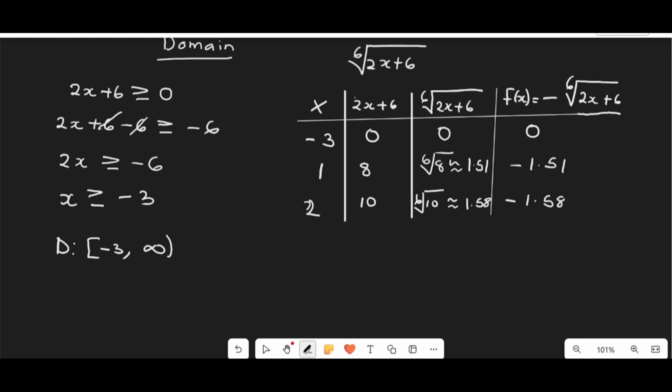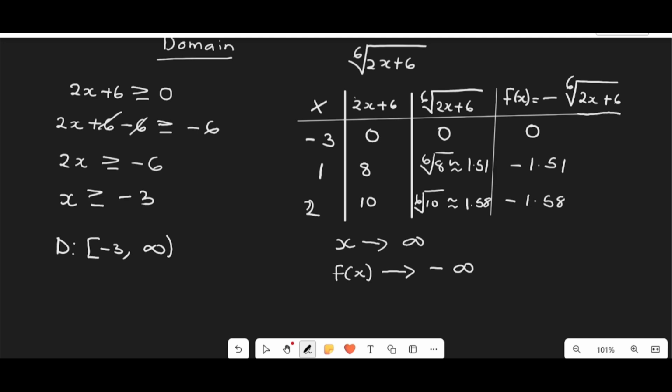As x increases, the root grows slowly, but the negative sign turns it negative. So we can say as x tends to infinity, our function of x tends towards negative infinity.